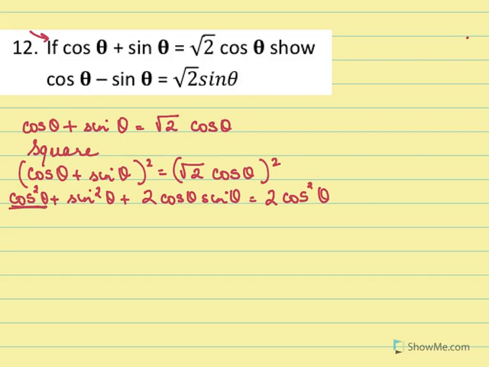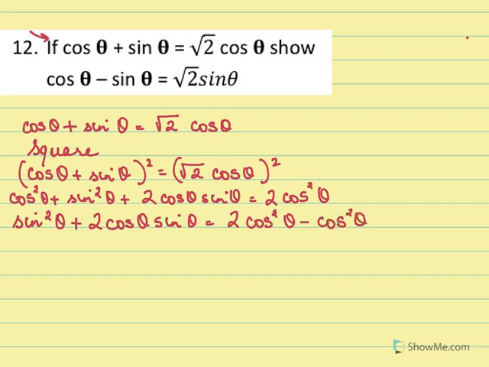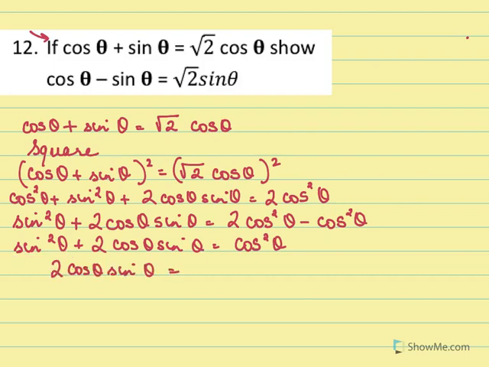Now I'm going to take this cos square theta on the other side, and that will be 2 cos square theta minus cos square theta. So we have sin square theta plus 2 cos theta sin theta. 2 cos square theta minus cos square theta will be cos square theta. Now I'll take the sin square theta on the other side, and that will be cos square theta minus sin square theta.